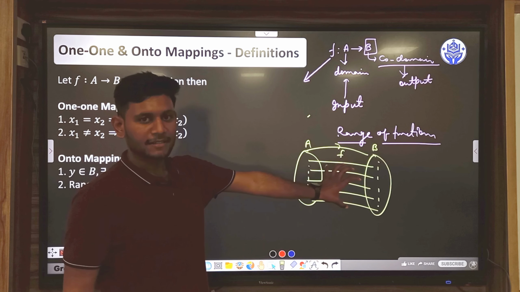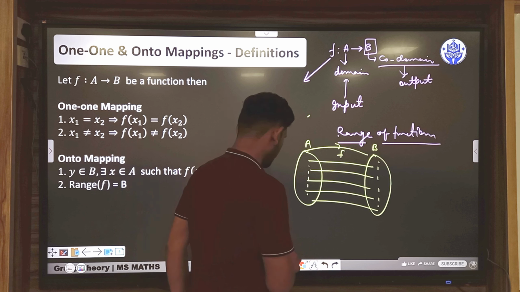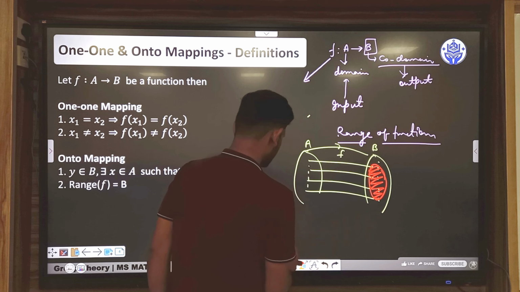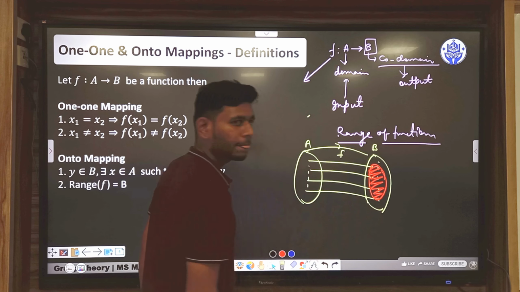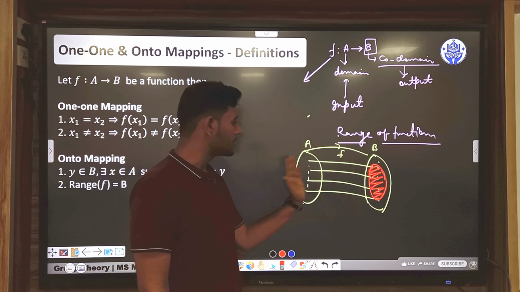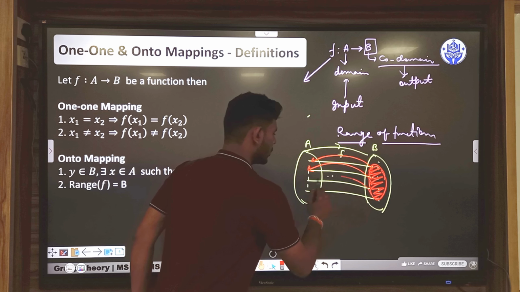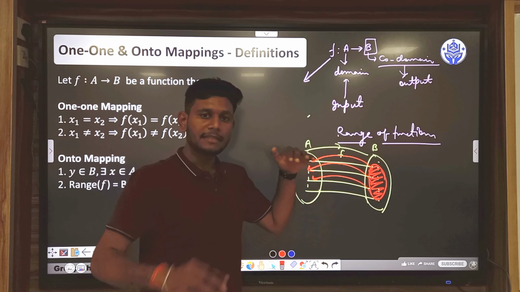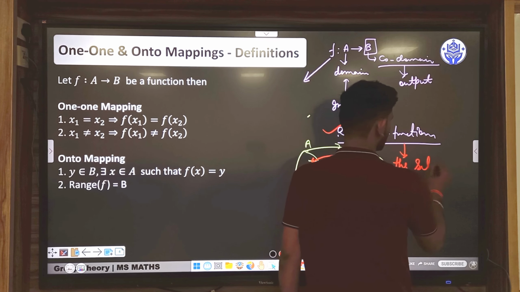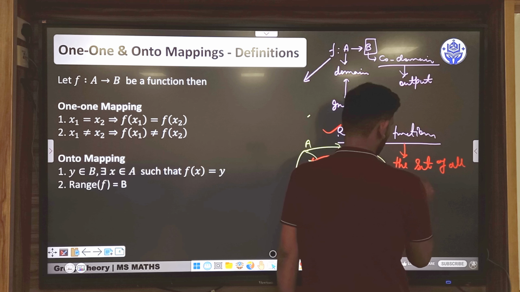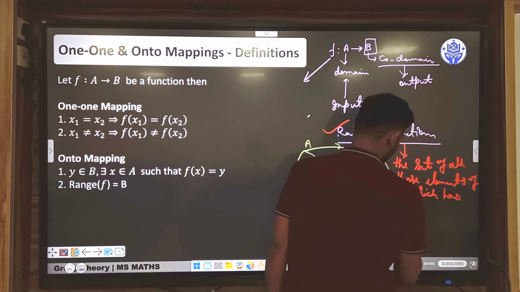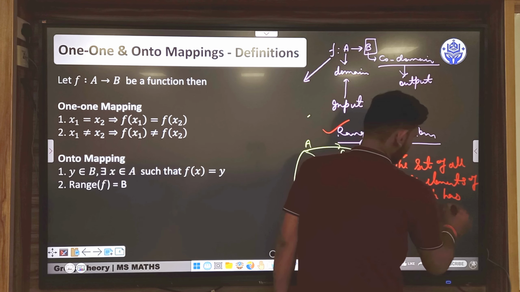Now how many elements are there, or we can say a set of elements of B. Let's say this is a set of elements which is exactly related to A. These are the particular elements of B which have a pre-image in the domain. The set of those elements of the codomain which have a pre-image in the domain is called the range. So this means the set of all those elements of B which have a pre-image in domain.